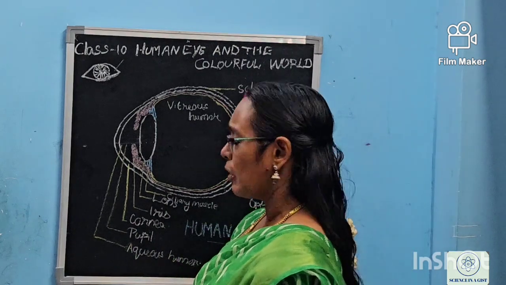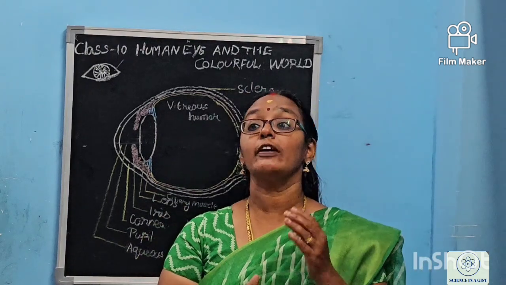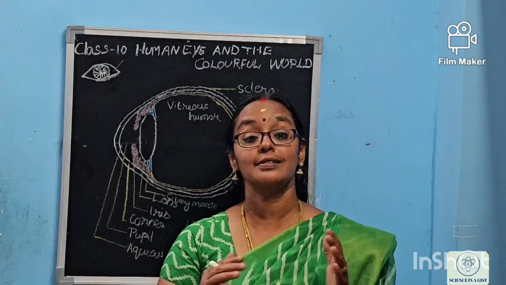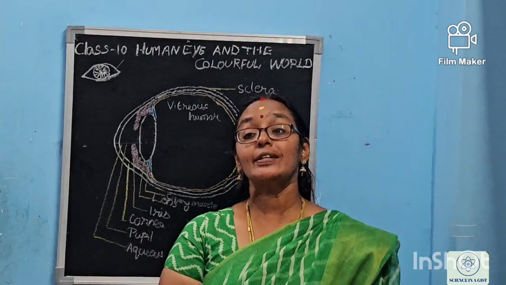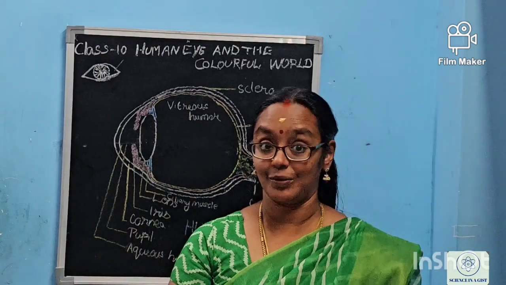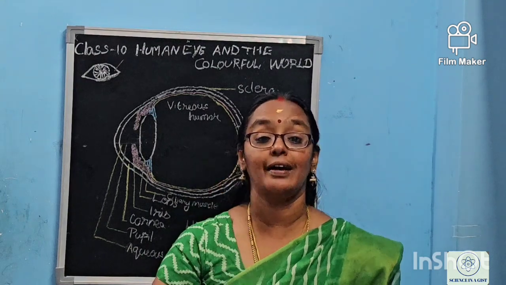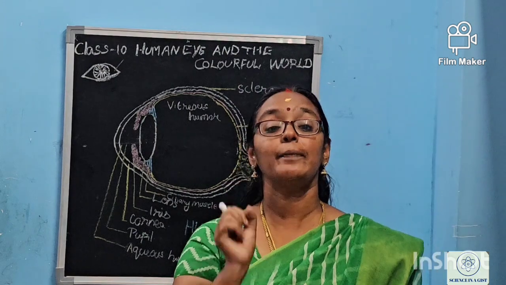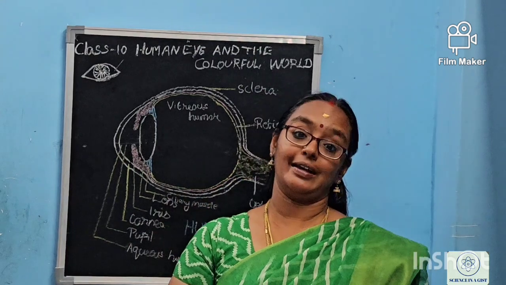First, when we are seeing an eye, what will we be able to understand? What is this eye? The eye is a light sensitive organ which enables us to see this world around us. So how small is the eye? The eyeball is almost 2.6 centimeter in diameter.